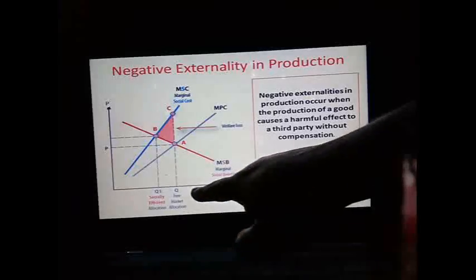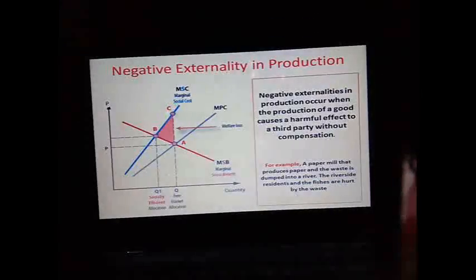That gap between Q and Q1 is our overproduction, and that overproduction means misallocation of resources. That is, the market fails to fix the socially optimum quantity. That market failure is called Pareto inefficiency, and that Pareto inefficiency arises due to the presence of negative externality.